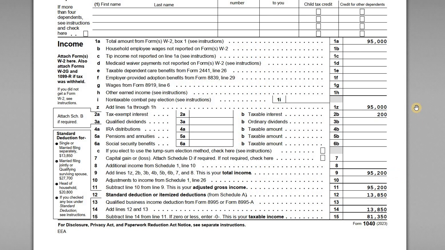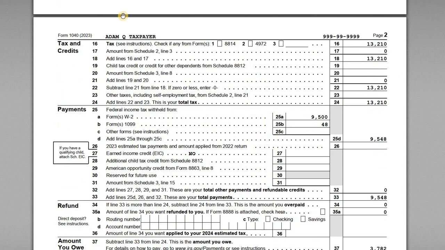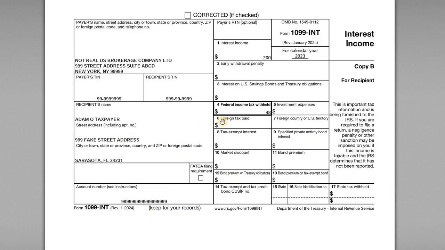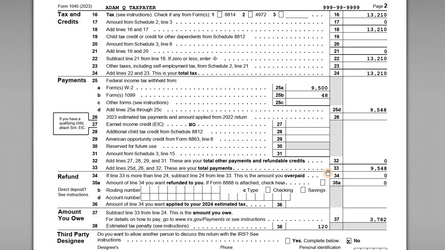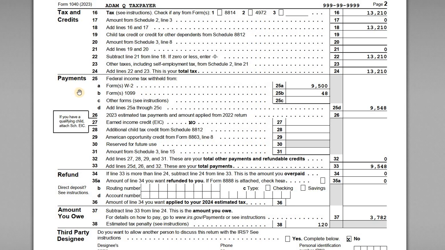Now, what do we do next with the federal income taxes withheld? So the federal withholding reported in box 4, $48, is reported on page 2 of the 1040 on line 25. So line 25, normally most taxpayers will see an amount for 25A.